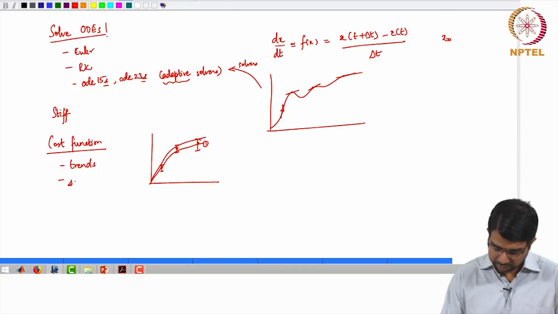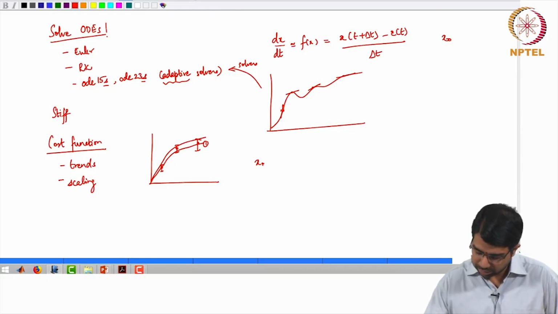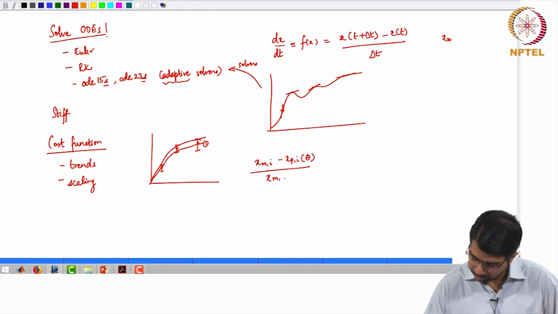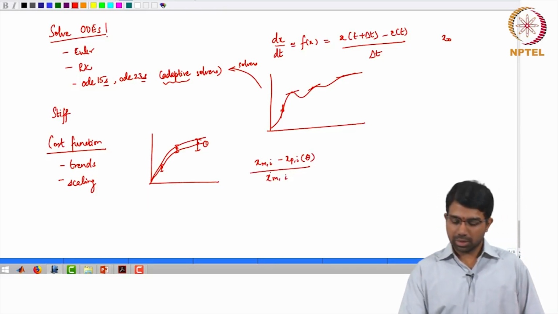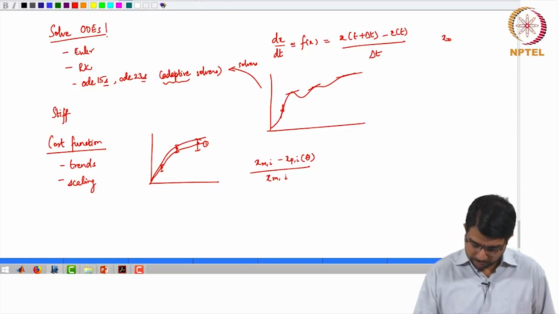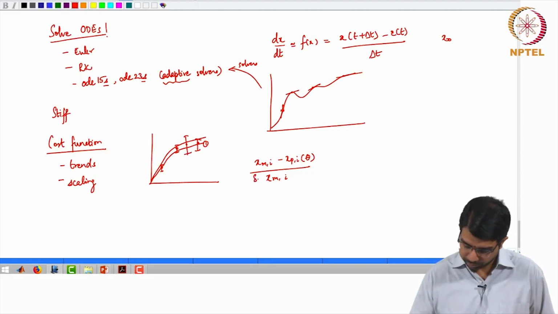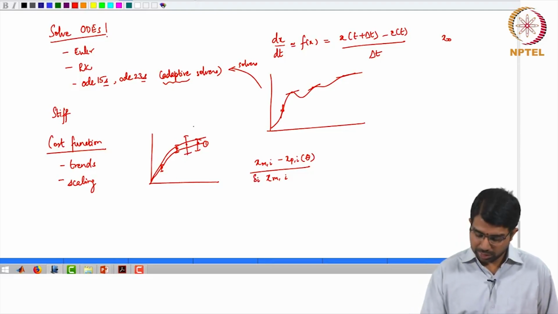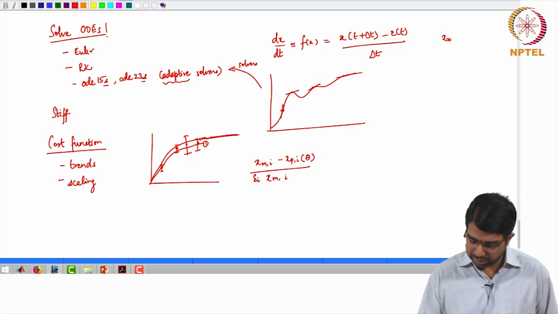First thing is scaling, right. So, we said we will do x_m,i minus x_p,i of theta by x_m,i, right. We said that may not be good enough. So, different points may have different error bars. So, you want to account for that, and you may be less worried about the steady state than the initial action.